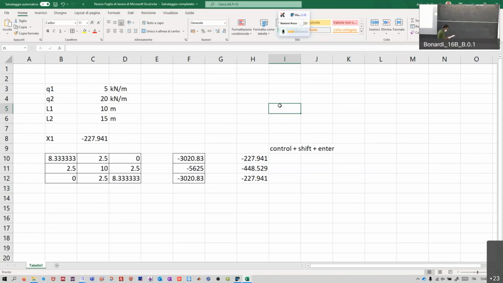Then we have the effect of x2. We have no effect of x1 because we have both x1 applied with this counterclockwise reference and with the opposite direction, so it does not come into play. We only have x2.